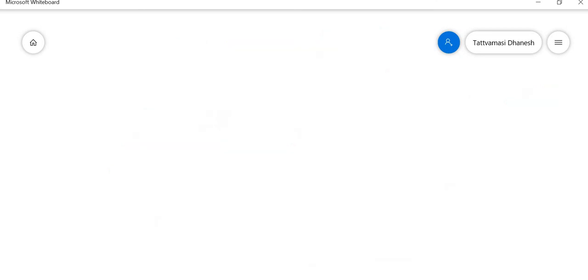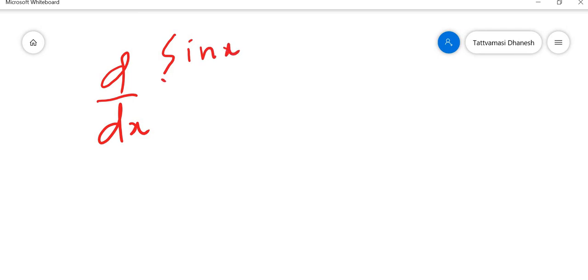My quotient, it is the fraction, it is d by dx of sin x divided by cos x. Then what should be the answer? Here it is u by v, then the u is sin x, v is cos x.